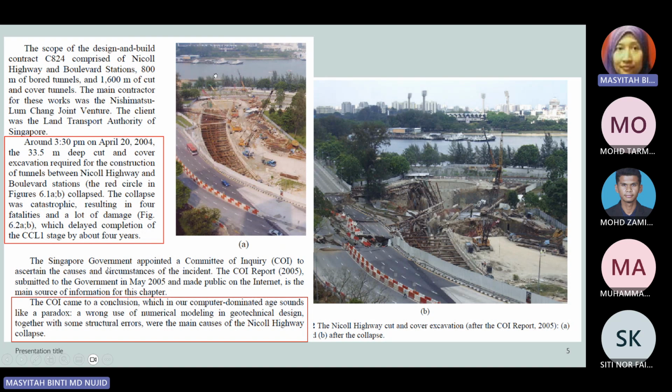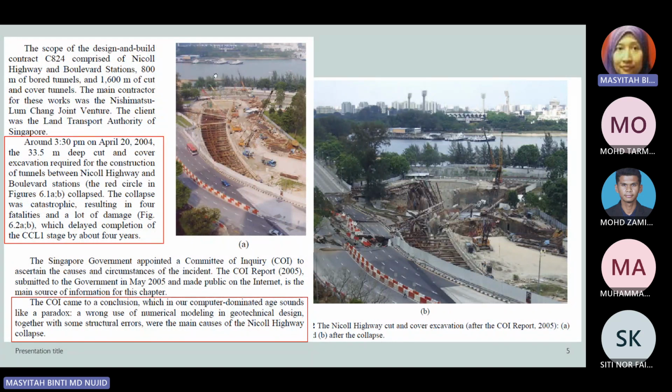From the Singapore government committee of inquiry, they came to the conclusion, which in a computer dominated age sounds a warning, that the wrong use of numerical modeling in geotechnical design, together with some structural errors, were the main causes of the Nicoll Highway collapse. So numerical modeling in geotechnical design is very important; the user of the software must understand what models are being adopted in the analysis and simulations.